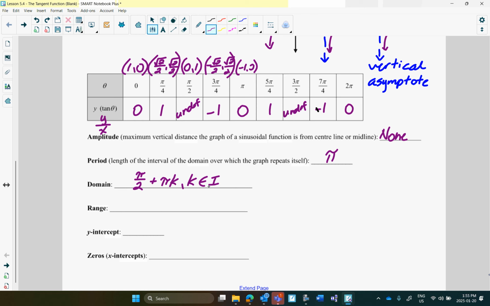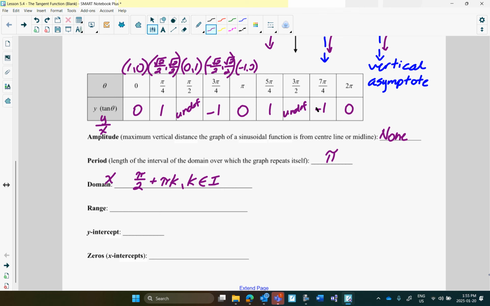But that's where the domain isn't, right? Those are all the vertical asymptotes. So X can be anything as long as it's not these. So how do I write that? X cannot be this.